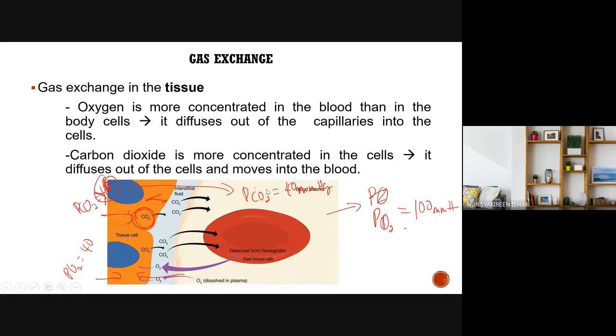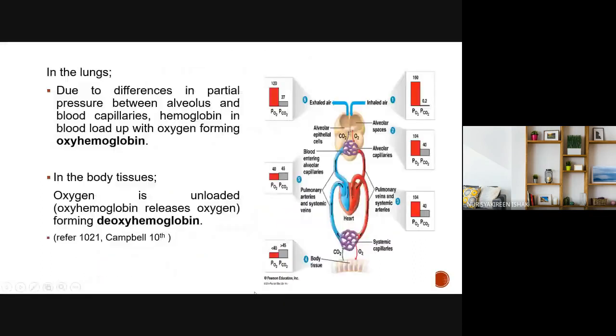Okay. So in your red blood cells, you have many pigments. We call it the hemoglobin. Remember, one red blood cell will contain many hemoglobins that will bind to the respiratory gases, oxygen and also carbon dioxide.